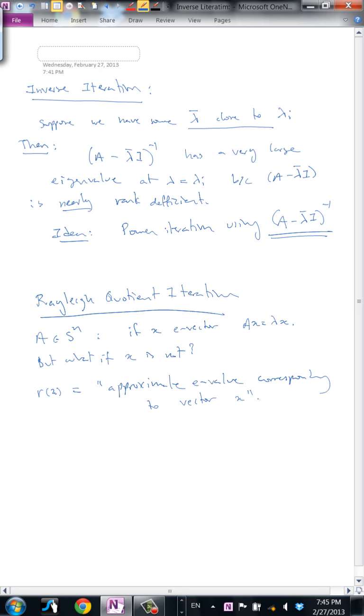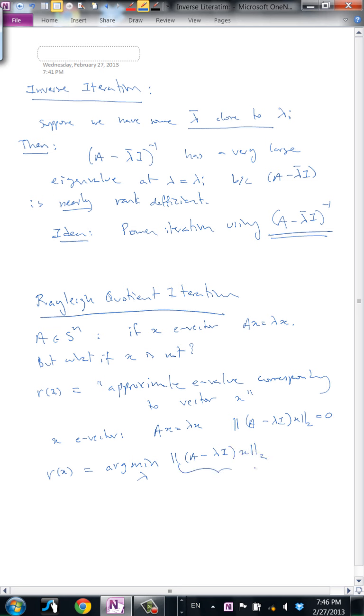x. So let's think about how we should define this. If x is a true eigenvector, then we know that, as written above, Ax equals lambda x, or another way to write this is that the norm of (A minus lambda I) times x is equal to 0. So the idea is to let R of x, called the Rayleigh quotient, be what minimizes this value.